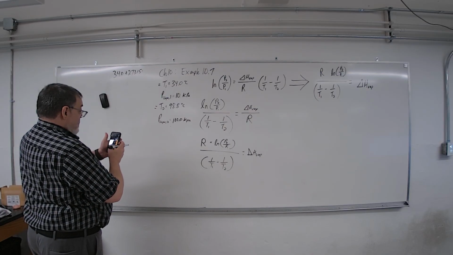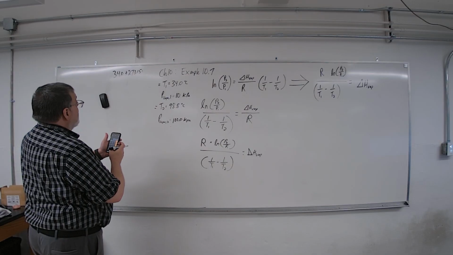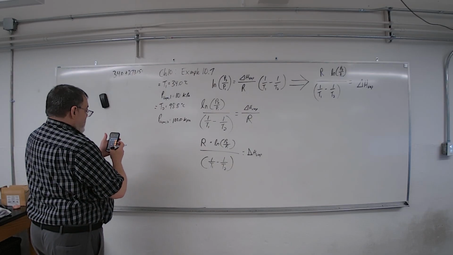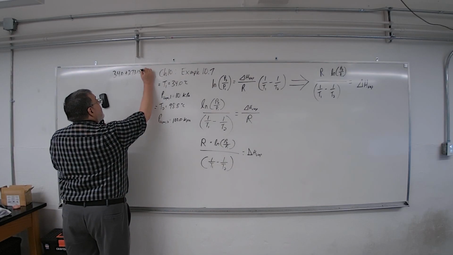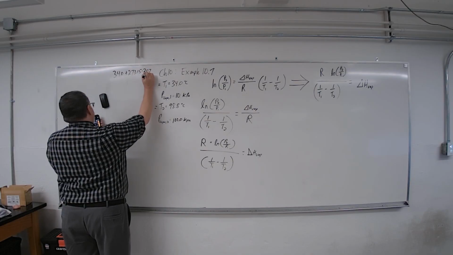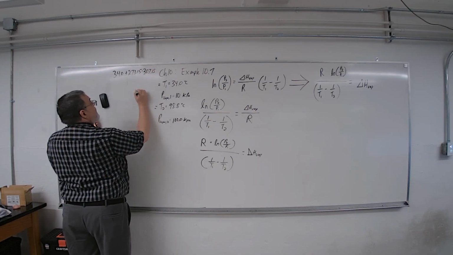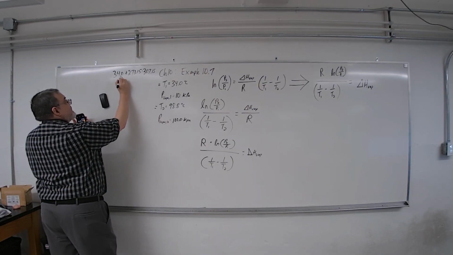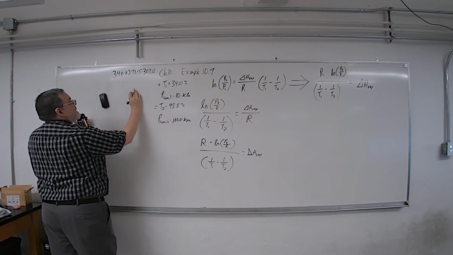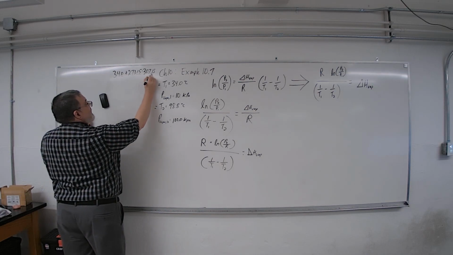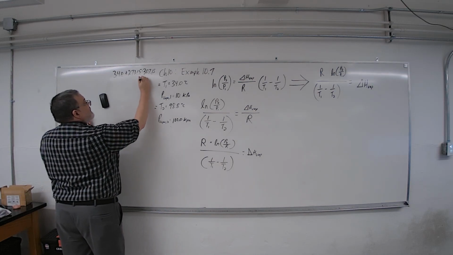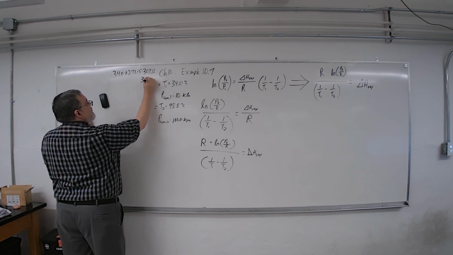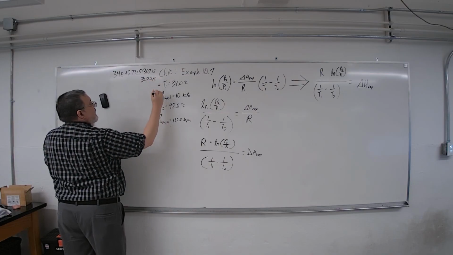Either can I. 273.15 plus 34 is 307.15. Truthfully, this is addition, with 1 after the decimal and 2 after the decimal, so I really need to round back to 1 after the decimal. So I'm going to use 307.2 K.